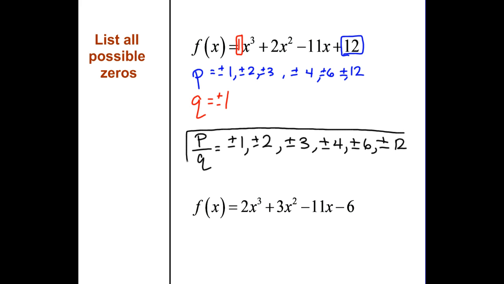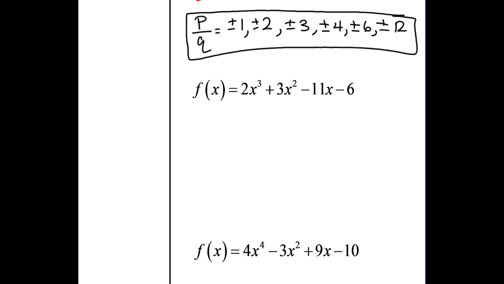So these are all of our possible solutions. It looks like we only have 1, 2, 3, 4, 6, or 12, but really, it's 1, negative 1, 2, negative 2, 3, negative 3, 4, negative 4, 6, negative 6, 12, negative 12. So we have 12 different possible solutions right there.